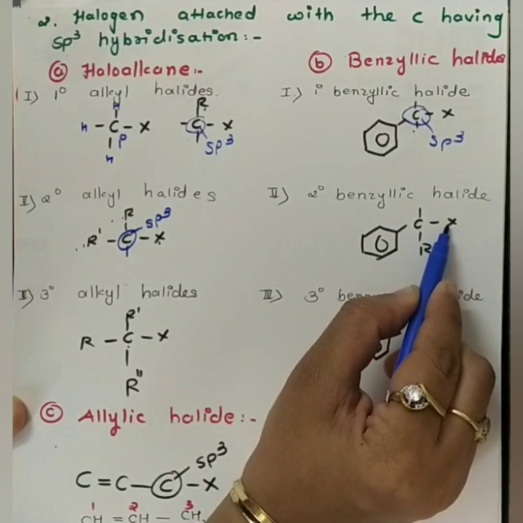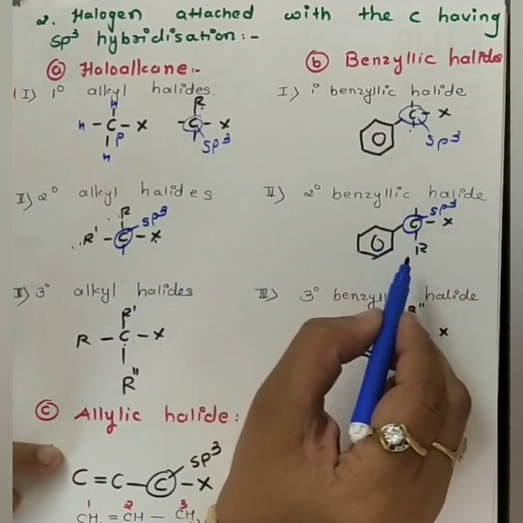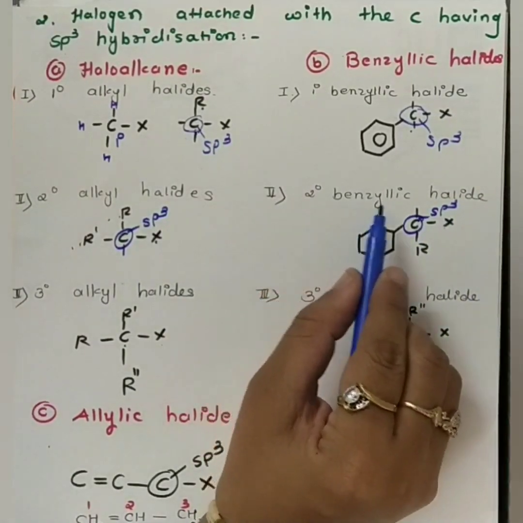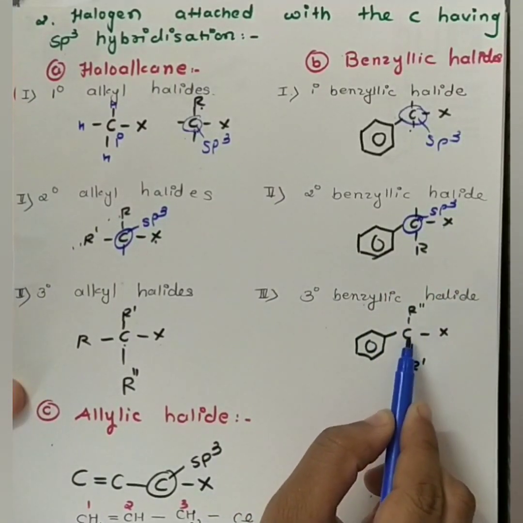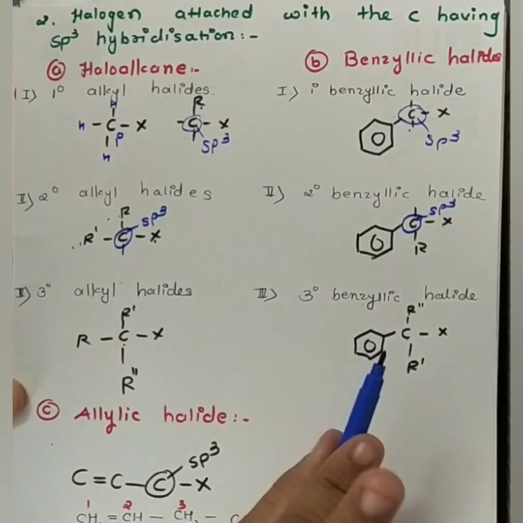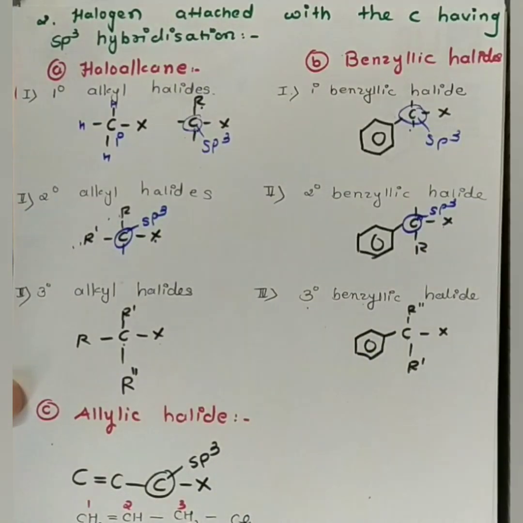If the halogen-bearing sp3 carbon has one alkyl group and one aromatic ring, then it is a secondary benzylic halide. Similarly, if it has two groups, whether alkyl or aromatic, both are possible, so this is a tertiary benzylic halide.